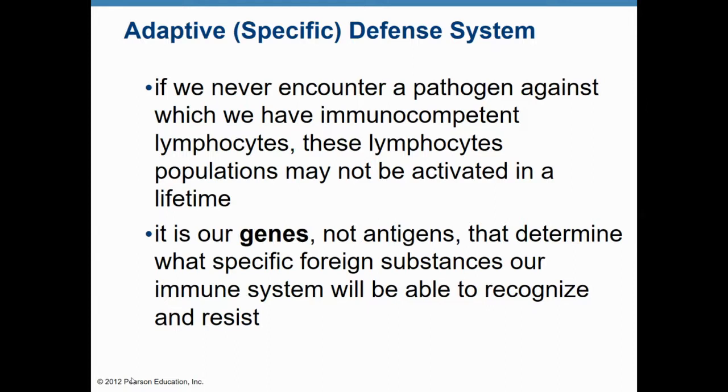So my immune system might recognize a couple of different antigens that yours does not, because that ability to recognize antigens is passed on. Basically, our immune systems are like a snapshot of our entire evolutionary history of every single antigen that we've ever encountered that didn't wipe us out as a population, right?